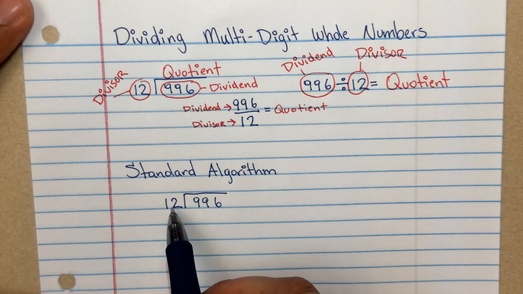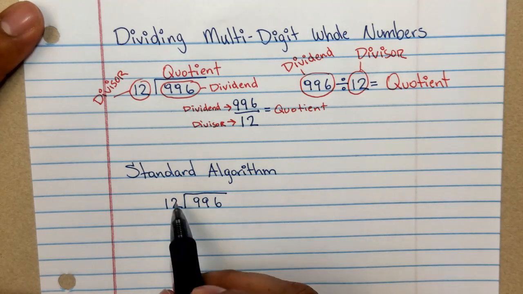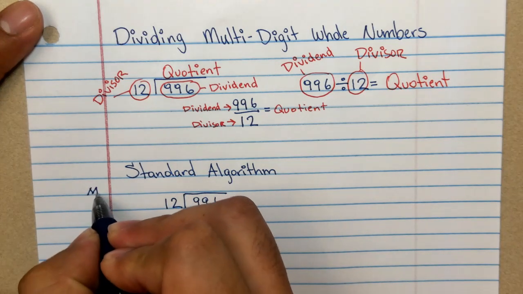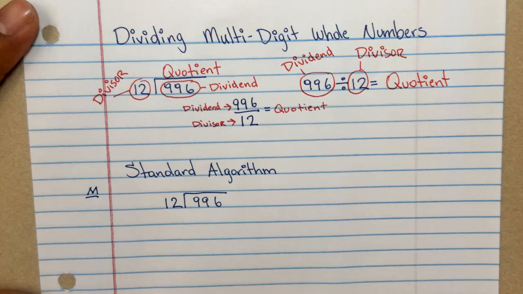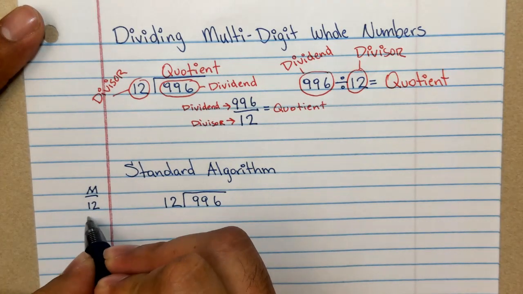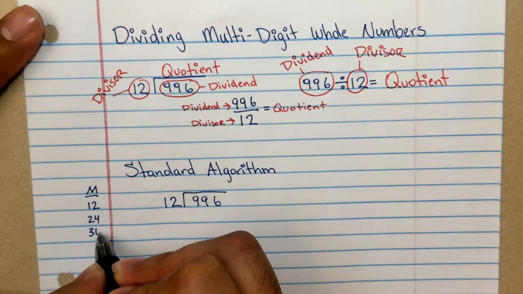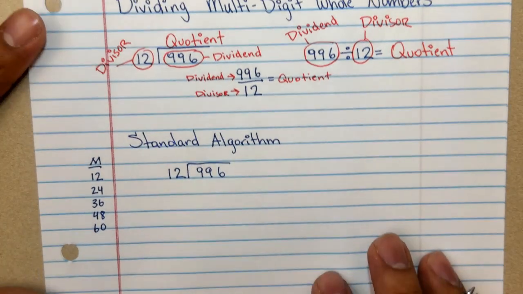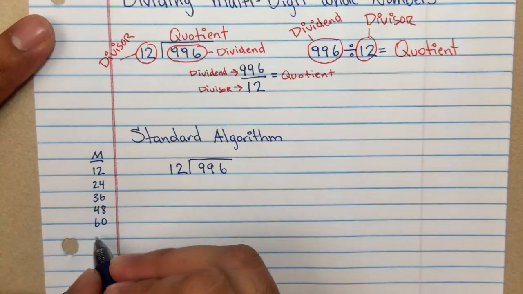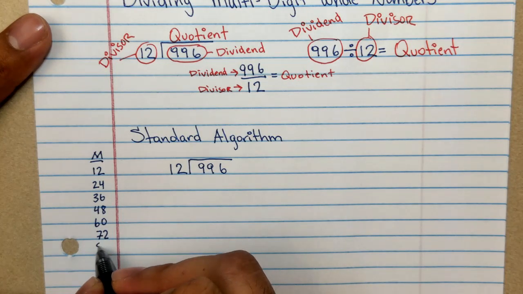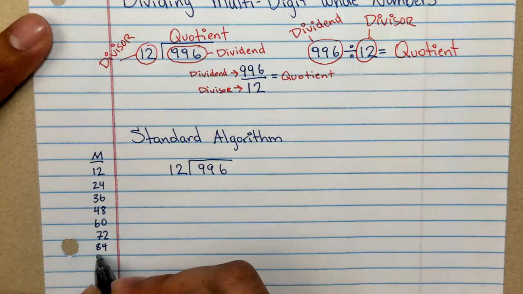Now for all these strategies, these three, what I teach students year after year is to understand their multiples of each factor. So in this case, we have 12 as our divisor, and we want to make a list of multiples of 12. So you're just counting by 12s, right? So you would say 12, 24, 36, 48, 60, 72, 84, 96.